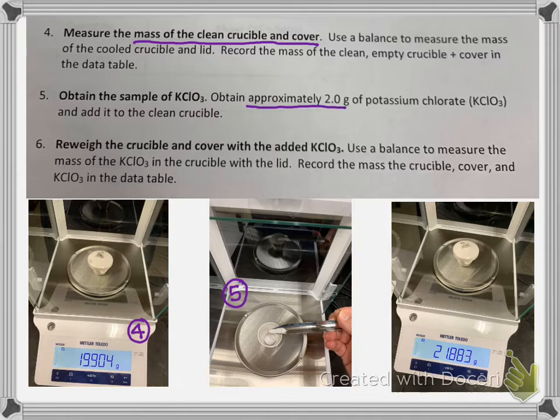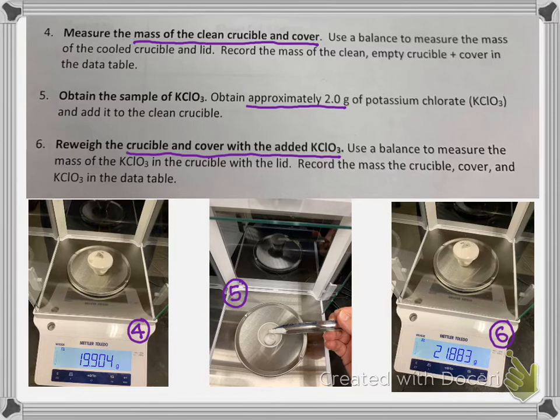So I got approximately 2 grams, and then I re-weighed it. At step 6, I re-weighed the crucible, and now I had the mass of the crucible, the cover, and the potassium chlorate. You're going to need to record the mass here.